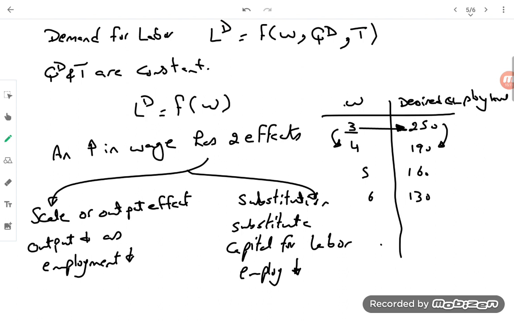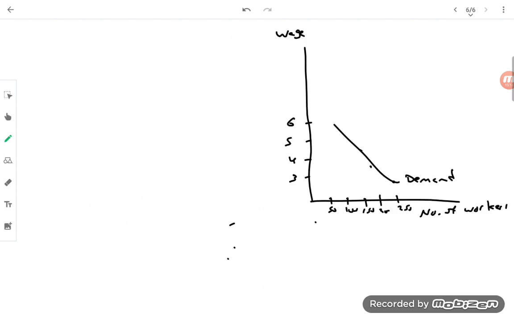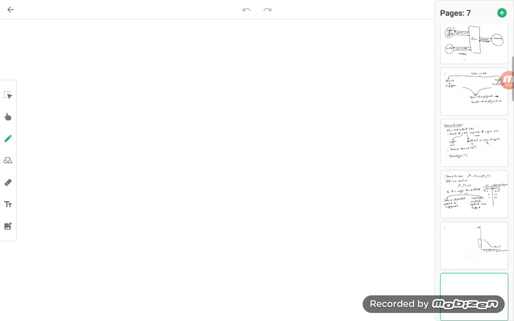So technology and demand for output can affect demand for labor, in addition to capital as a substitute. Number one, demand for products.